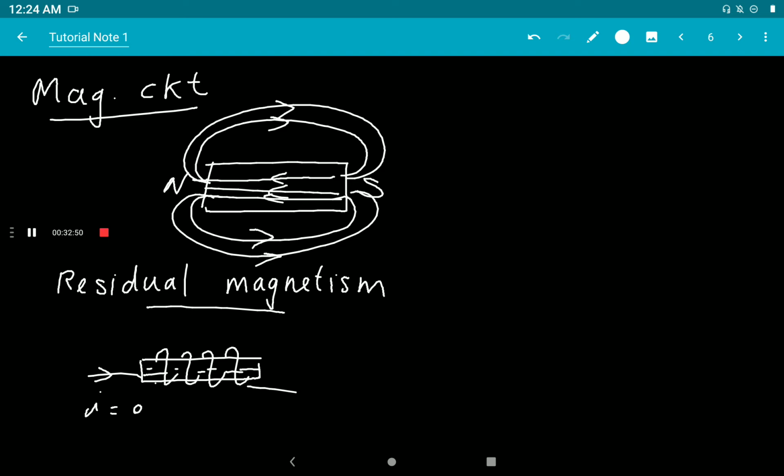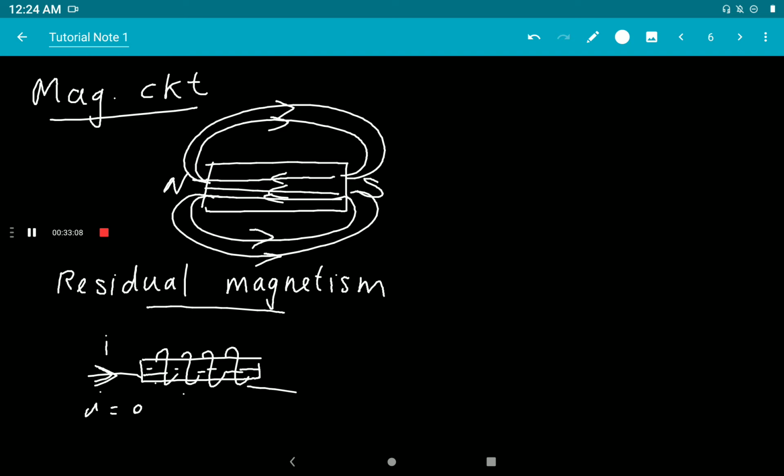That is, we wound a coil on a rod. This coil will carry a current I. When current is passed through a coil, we know it will produce a magnetic field. So that magnetic field will magnetize this iron rod.